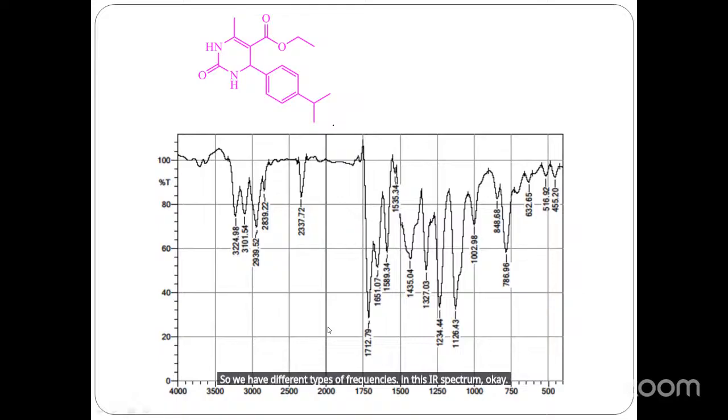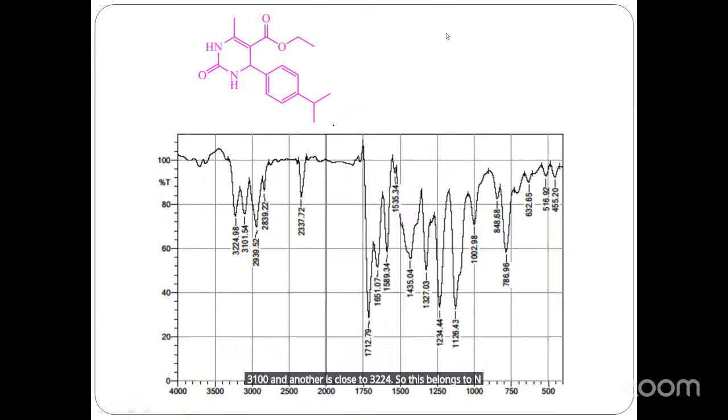As I discussed with you, NH and OH have frequencies at higher values. Here we have two NH groups, so two NH frequencies are expected. Can you see here at this position? Two NH bands are observed, one close to 3100 and another close to 3224. So this belongs to NH.